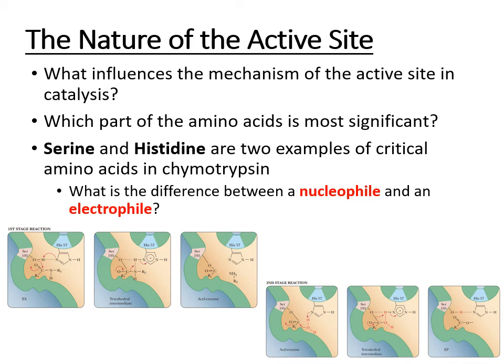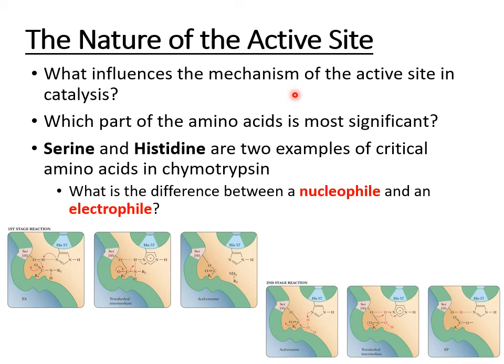The point that I want to make in terms of what's influencing the active site is that whichever amino acid residues are present at this active site is critical to how that active site will be involved in catalysis. We actually call the ones at the active site the critical amino acid residues.